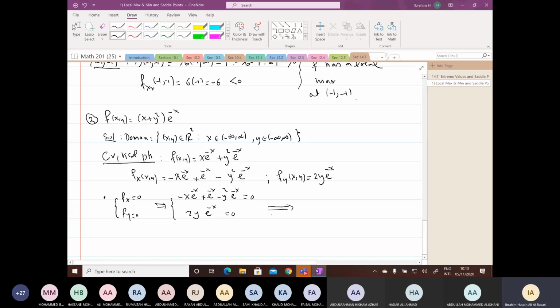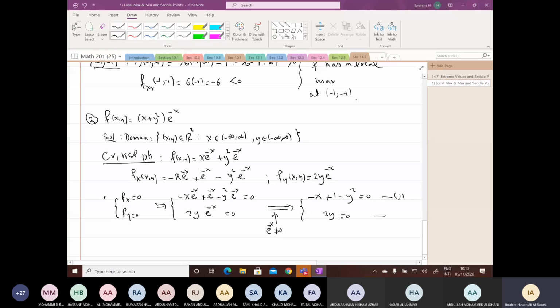E to any power is never 0. So I can divide by e to the minus x in both equations. You get minus x plus 1 minus y squared equal to 0, and 2y equal to 0.